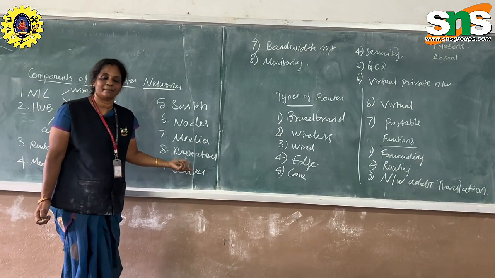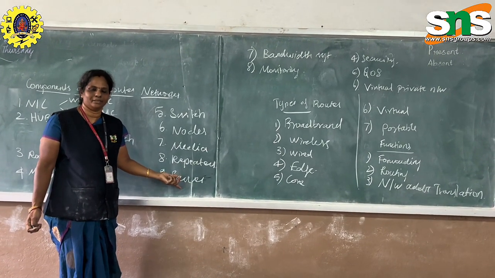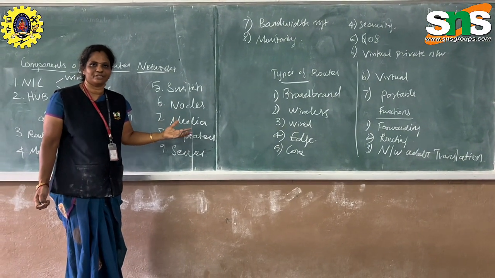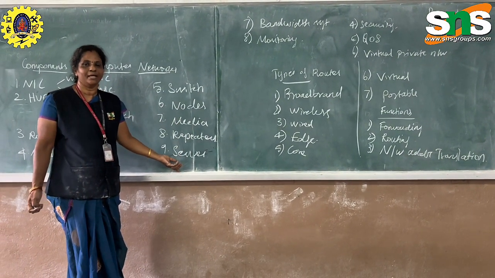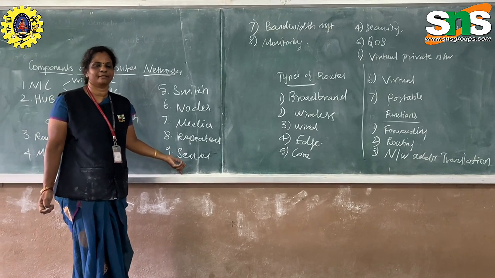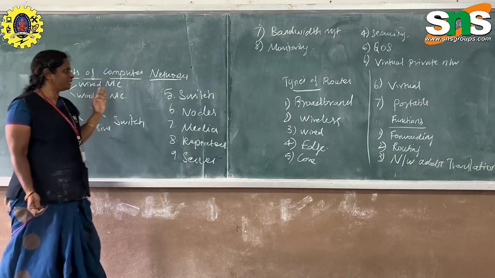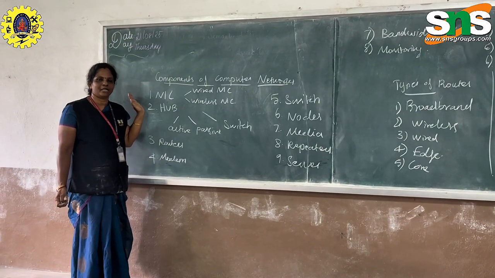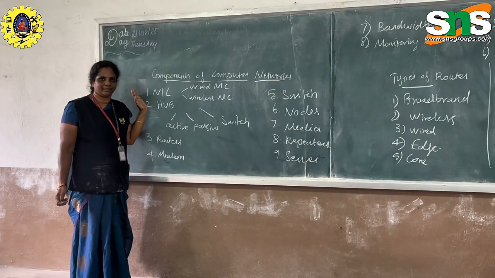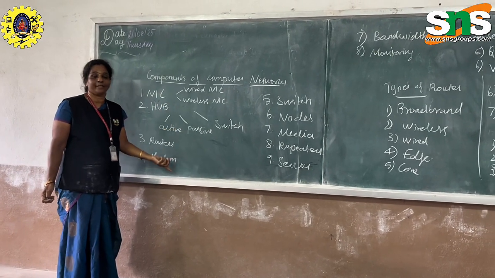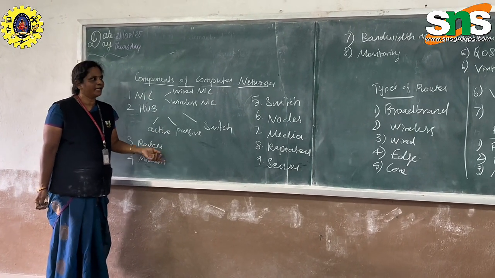Then the server is a main device connecting the different switches or different destination parts to the server. That is, multiple systems are connected to the server to transfer the packets from source to destination. So these are all the basic components which we connect to the systems to transfer the packets. So it is the main thing. These are all the main components for connecting the devices.